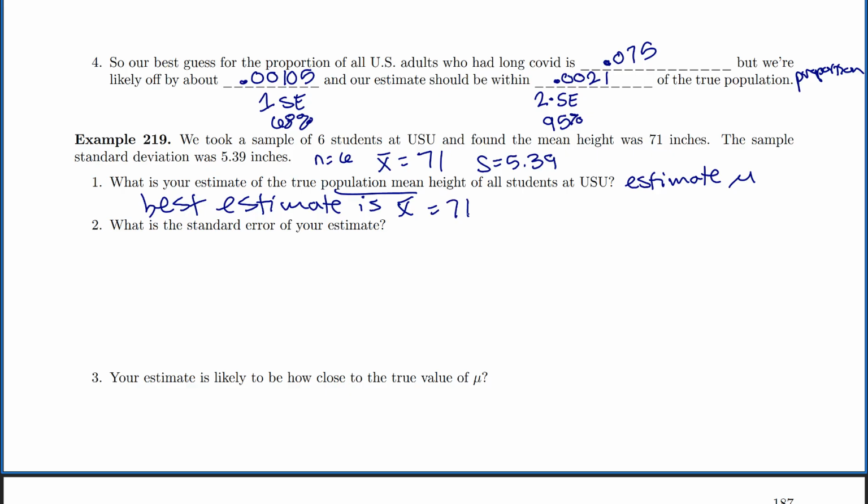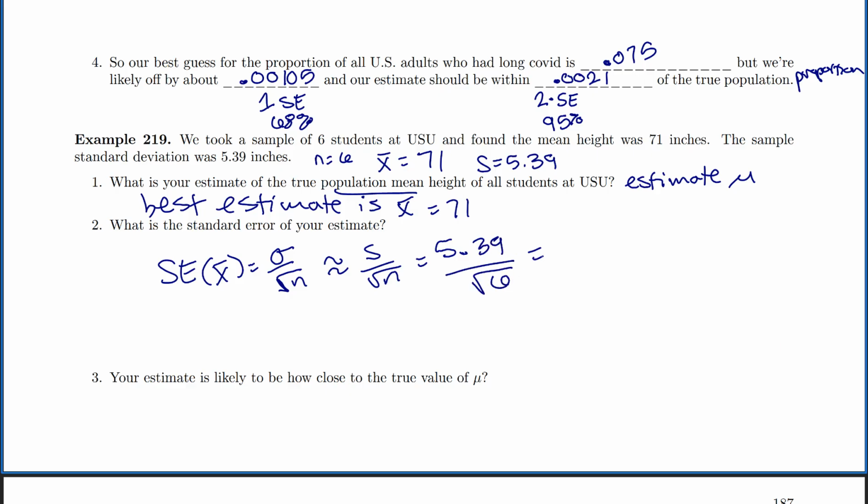Okay. Now what's my standard error? My standard error of my sample mean should be the population standard deviation over the square root of n. But I don't know the population standard deviation, so we can estimate that with my sample standard deviation over the square root of n. So my sample standard deviation is 5.39, and my sample size was 6, so we have 5.39 over the square root of 6, which is about 2.2.